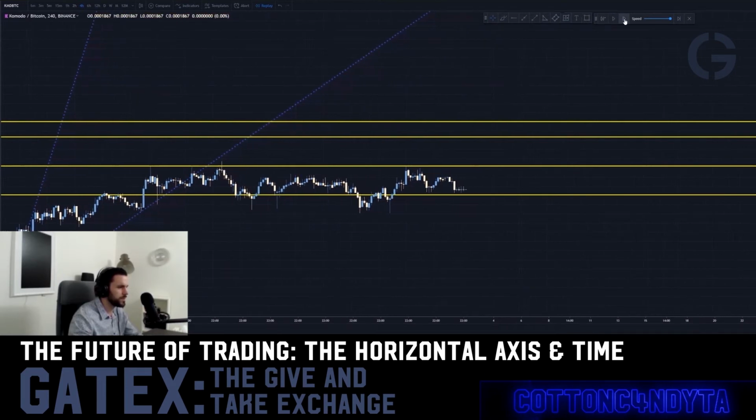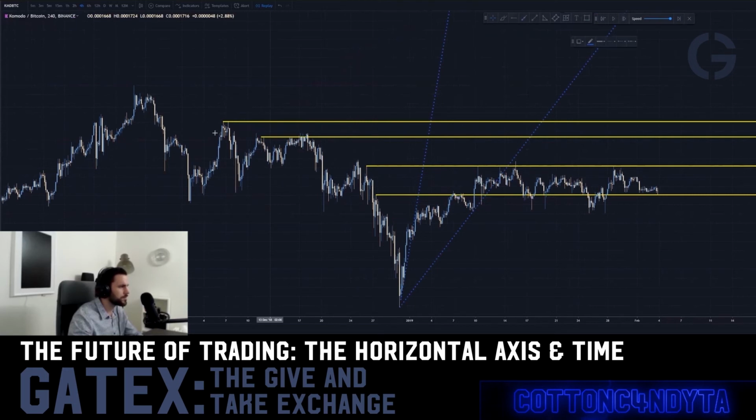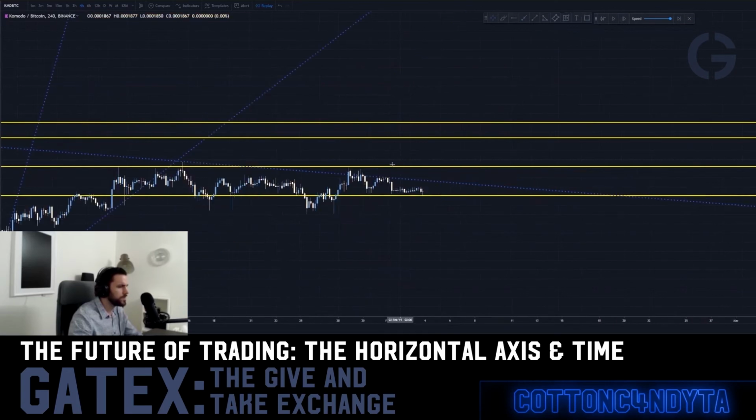Holy crap, this thing's taking a long time. Magnet tool. There. Is that on the right candle? Yeah, right there. It's still compression, right?